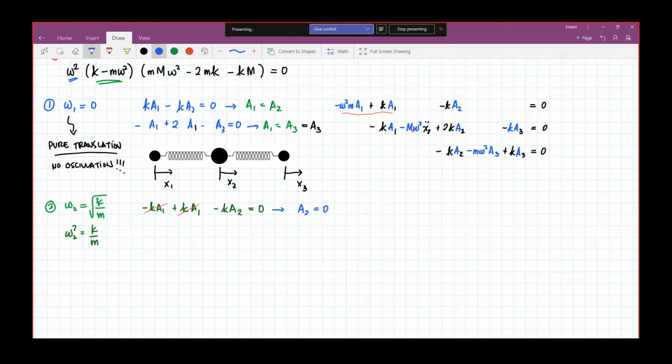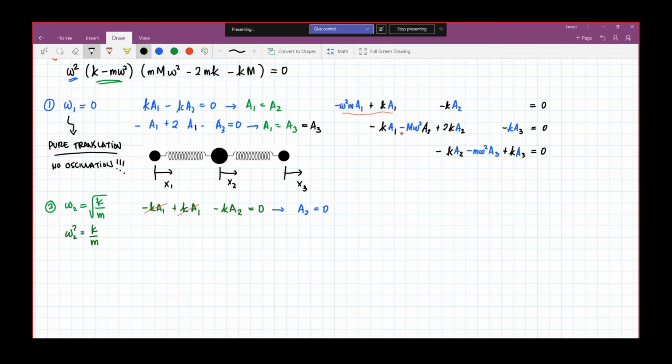Next, in equation number 3, sorry, this should be A2. Sorry about that. Because A2 is equal to 0, this is cancelled.